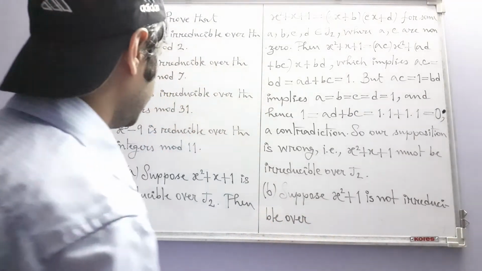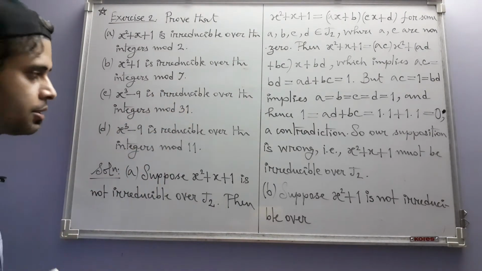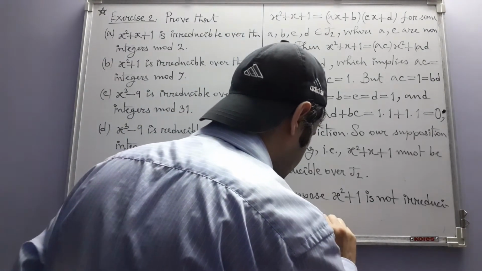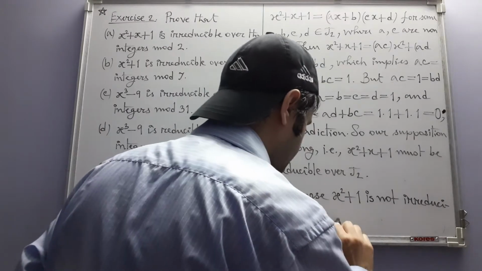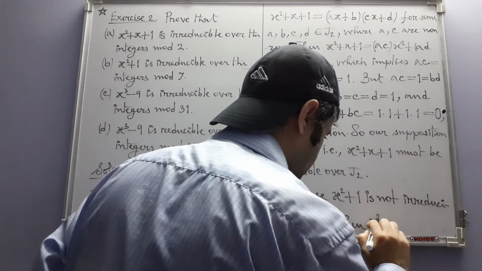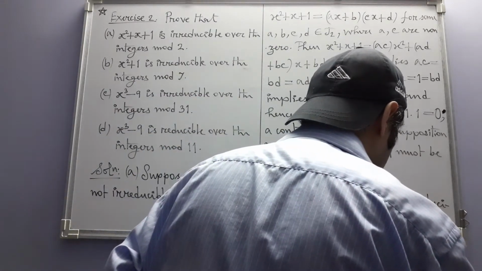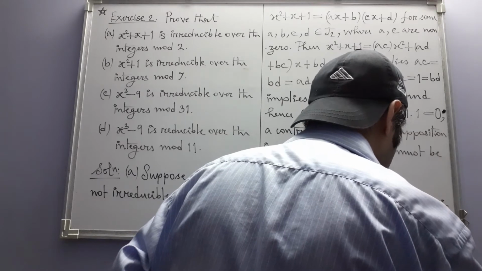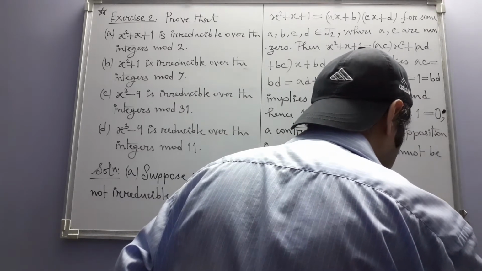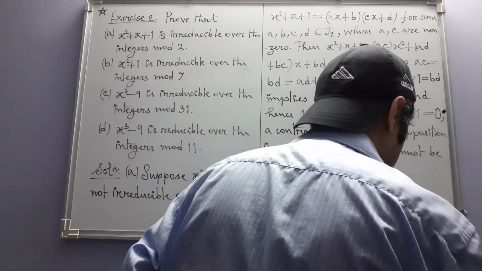over, this time the field is the field of integers mod 7, J7, then x square plus 1, shall I be able to write it here? Let me squeeze it, ax plus b times cx plus d.